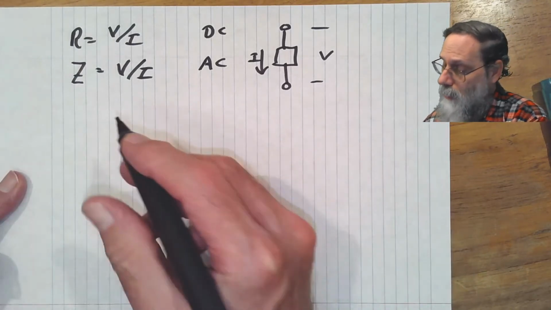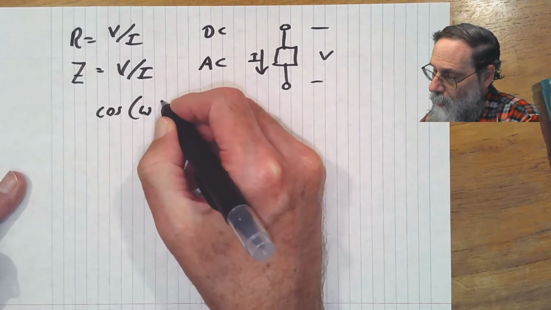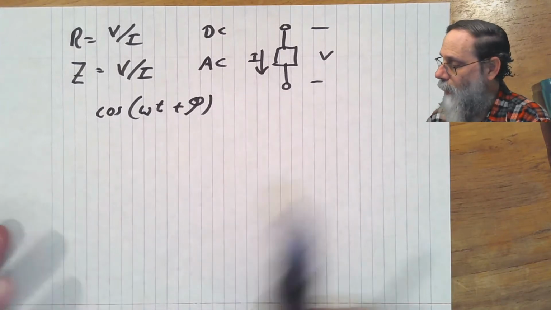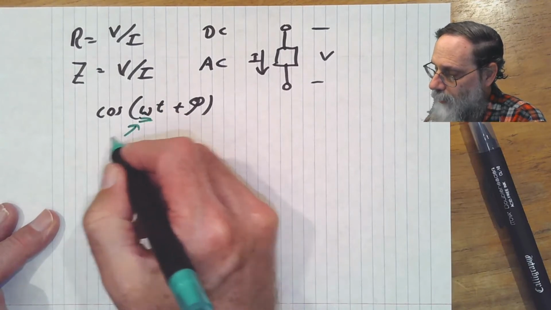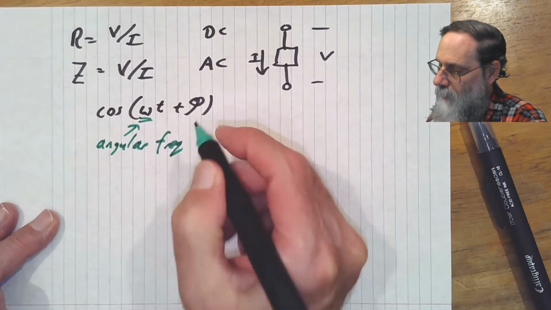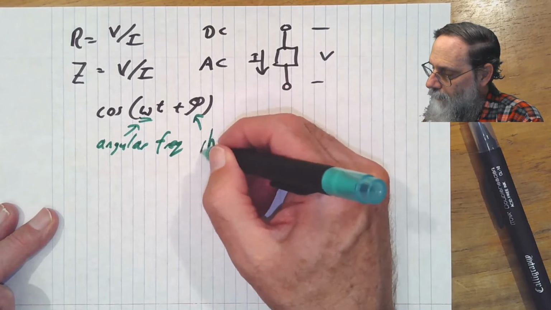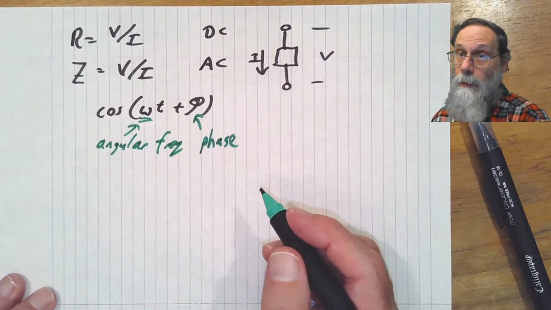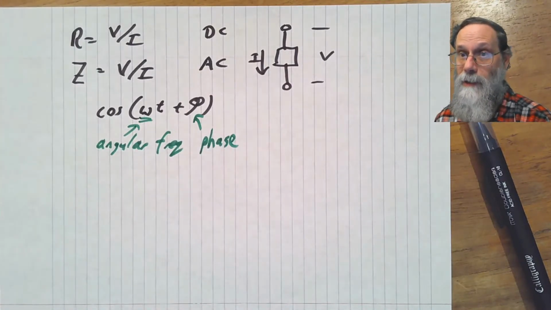The general sinusoid is something like cosine of omega t plus phi, where omega is called the angular frequency, and phi is the phase, or if you want to be very pedantic, the phase at time zero, because this whole thing inside the cosine can be thought of as the instantaneous phase.